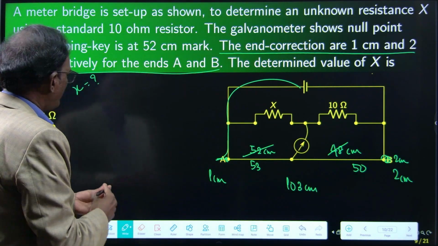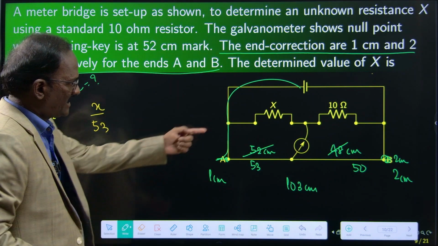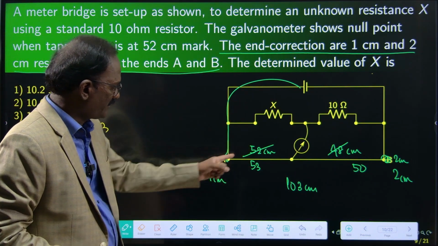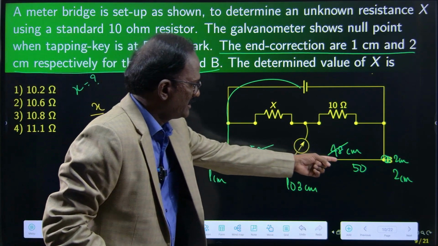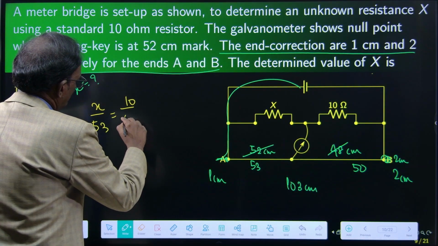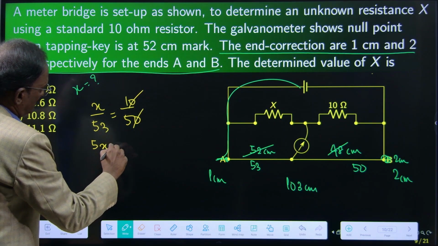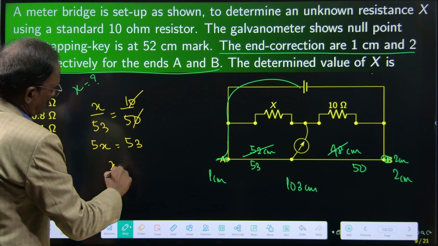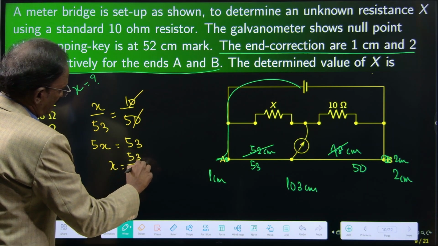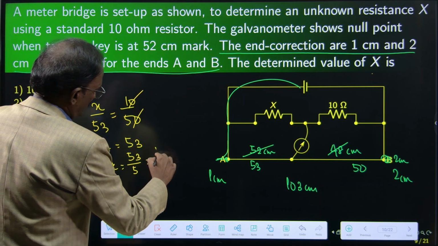Then x divided by 53 is equal to 10 divided by 50. As usual, x divided by 53, 52 plus 1, is equal to 10 divided by 50. 0 removed, 5x is equal to 53 cross multiplied. So x is equal to 53 divided by 5 into 2 both sides.